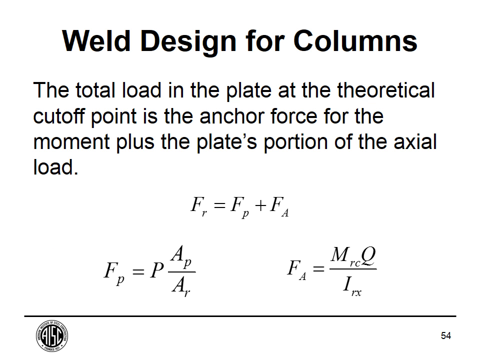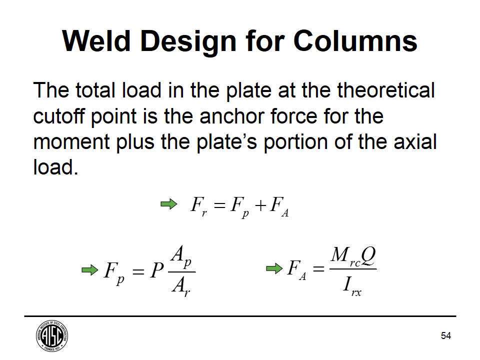So now that we've got M sub RC, we can calculate F sub A, the anchor force, the same way we did for beams. And this is just what we talked about on the first slide in this section, the force that needs to be transferred from the reinforcement to the column. And we need to add those two together.